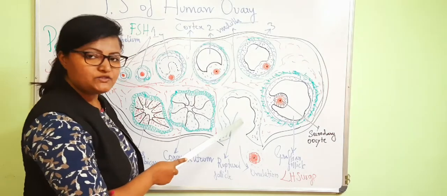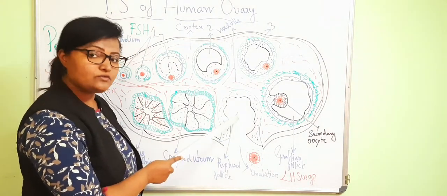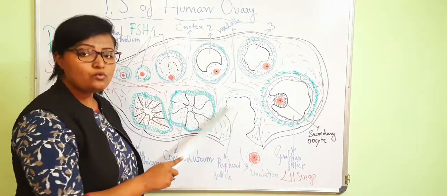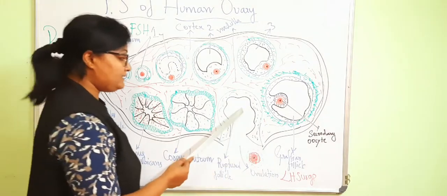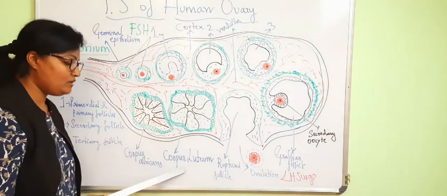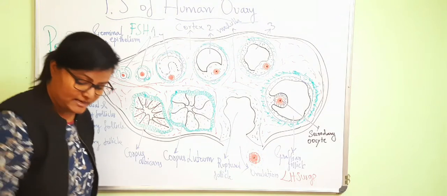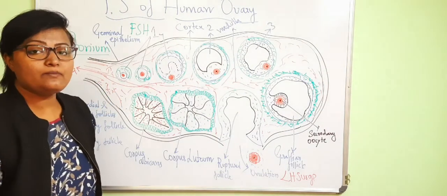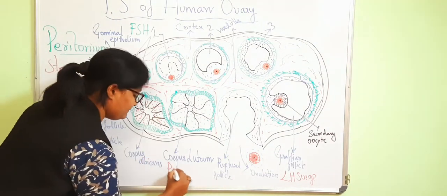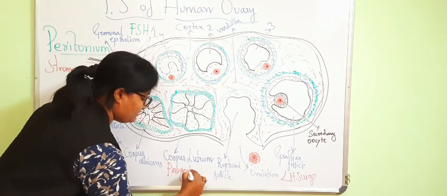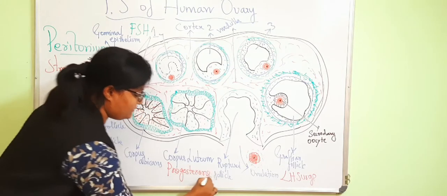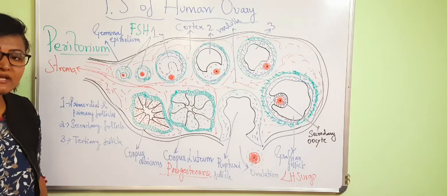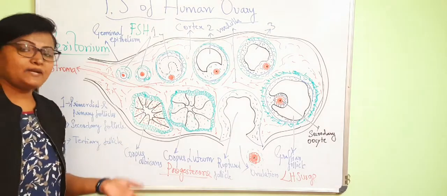Soon after the rupturing of the Graafian follicle, the matured follicle, where there is no oocyte now, that structure gets converted into corpus luteum, and in turn corpus luteum produces which hormone? Progesterone, which is also called the pregnancy hormone, which maintains pregnancy.